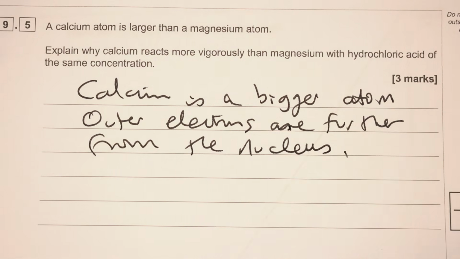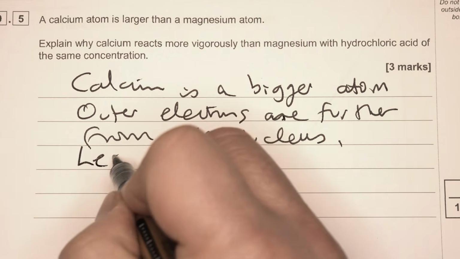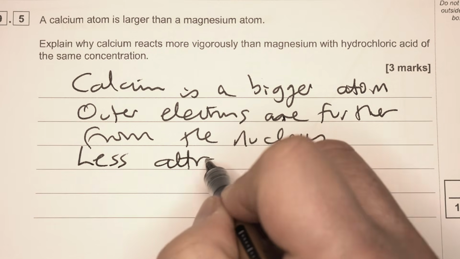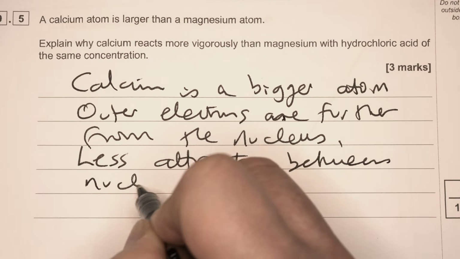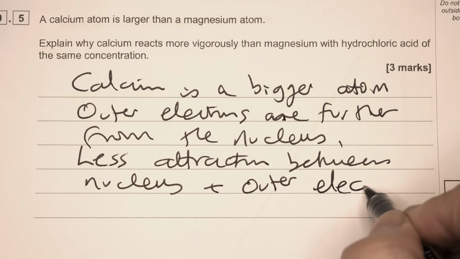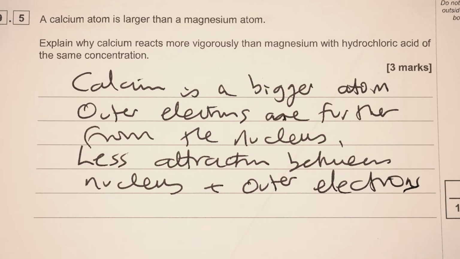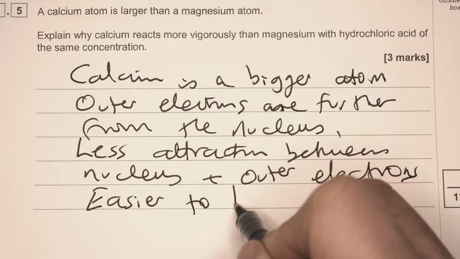That means there's going to be less attraction on those electrons by the nucleus. So less attraction between the nucleus and outer electrons that it's trying to lose. So that means it's easier to lose those electrons.